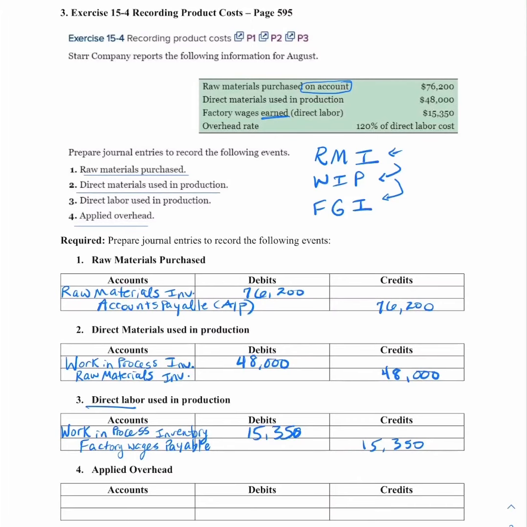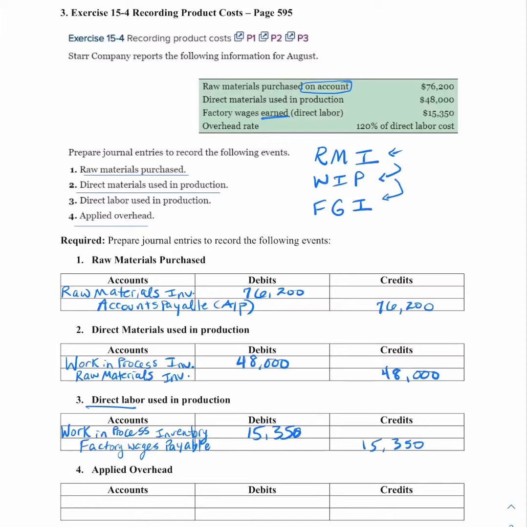Because we still got to cover those items, but we can't necessarily trace them to each individual basketball that's been produced, or baseball, or hockey puck, or whatever it is, right? We can't directly trace those salaries and those utilities costs to each individual item. So instead, we just apply them, and then at the end of the period, we'll make an adjustment for actual, and we'll clean the books up a little bit.